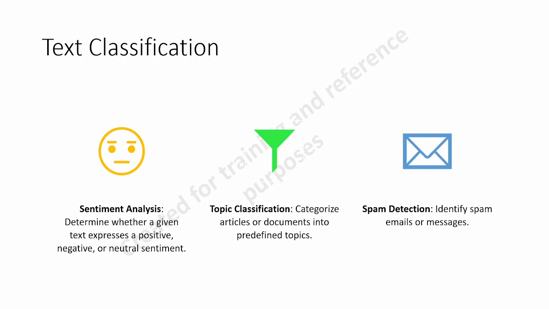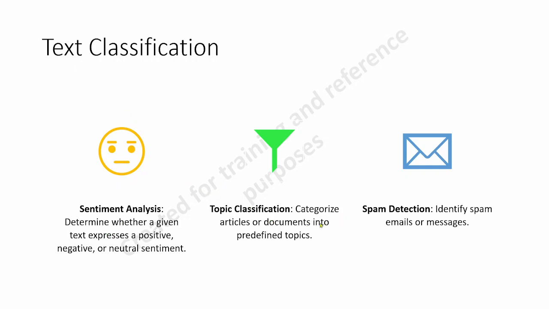Let's say someone has written a review on Amazon or some other e-commerce platform, and the platform wants to decide whether the feedback given by the user is positive or negative. This is another example of machine learning.